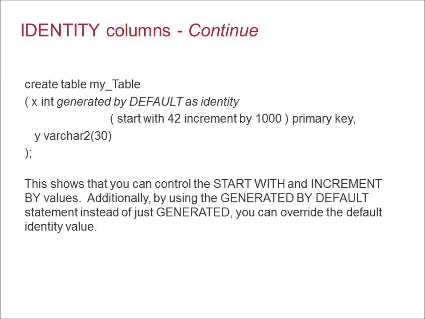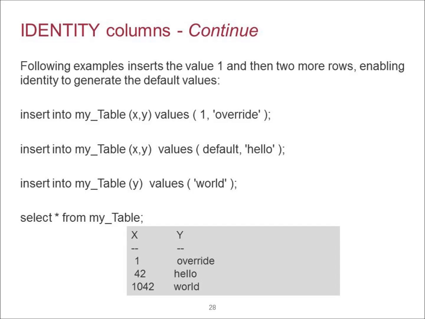So if you look at the example, I'm inserting another value into my table, and then I'm inserting another value as a default, and then the third value as a word. Now if I select star from my table, you will see that the first value added was 1, the second value was 42 because my start value was 42, and then increment by 1000.